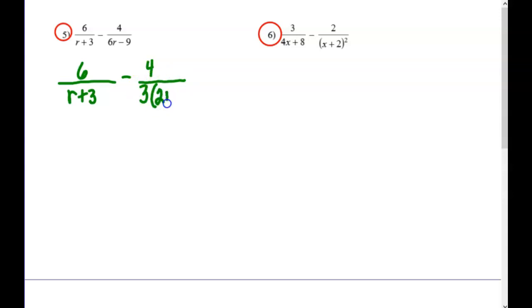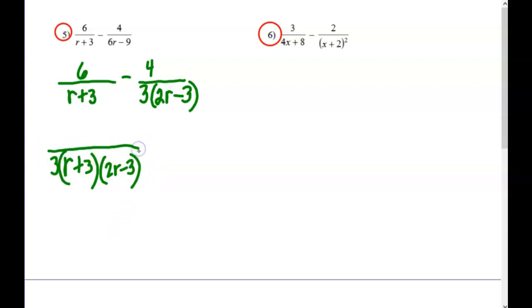We'd have a 2r minus 3. Yeah, that's not helping. But our denominator now needs to have an r plus 3. What else? A 3 and a 2r minus 3. All of those factors need to be in the denominator, and you can put them in any order you want.